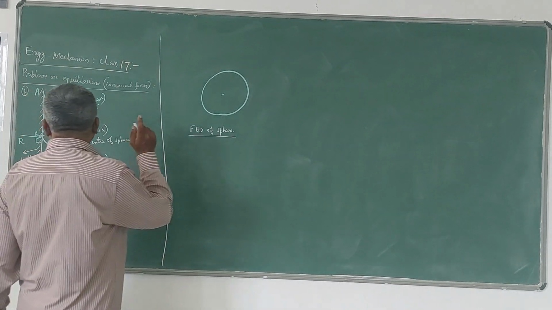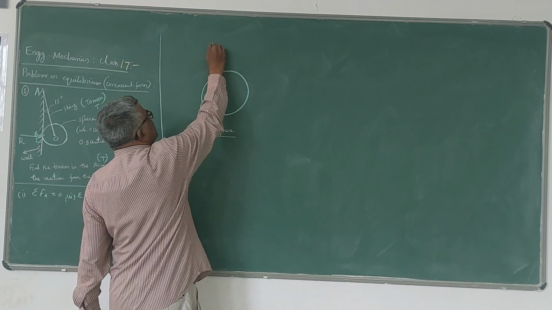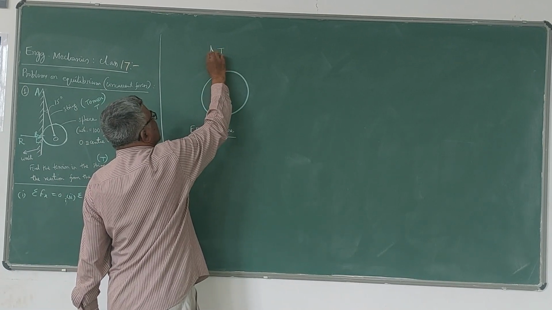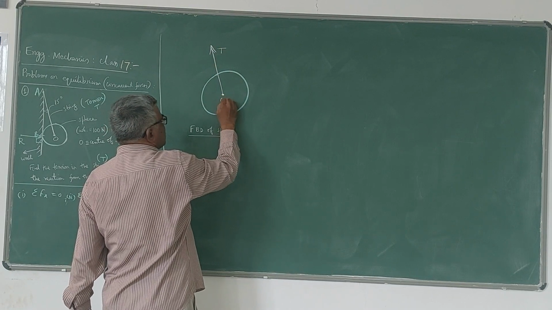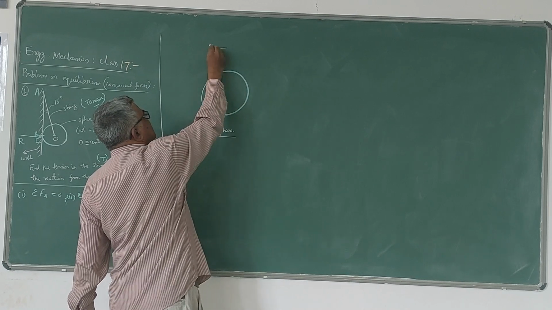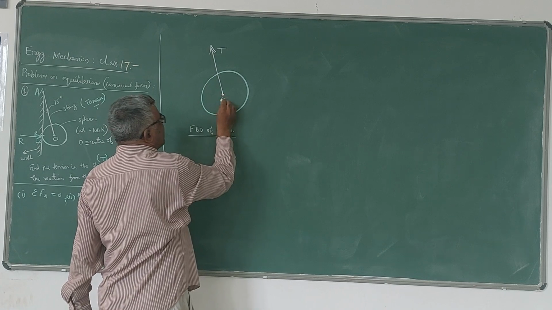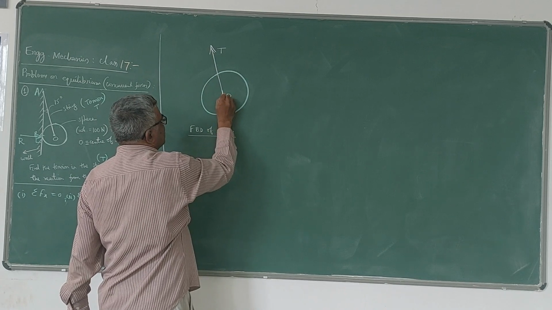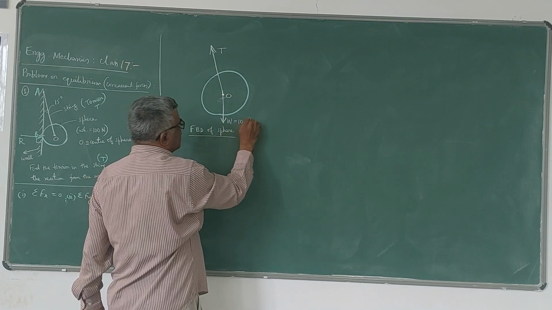So here the forces acting on the sphere are, there is a tension force here. Tension force always is indicated by an arrow away from the center of gravity here, away from the point of contact. So here the string is like this. So it is connected to the wall. So therefore, the weight of the sphere will be acting downwards, which is given as 100 Newton.